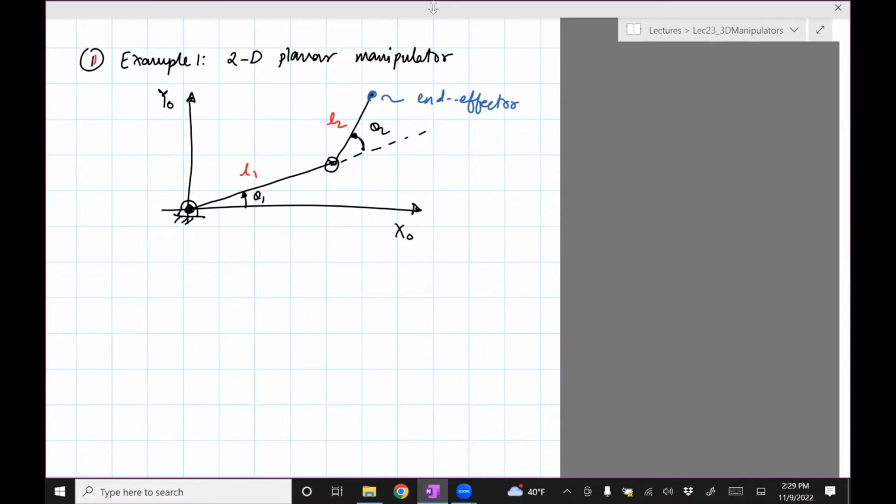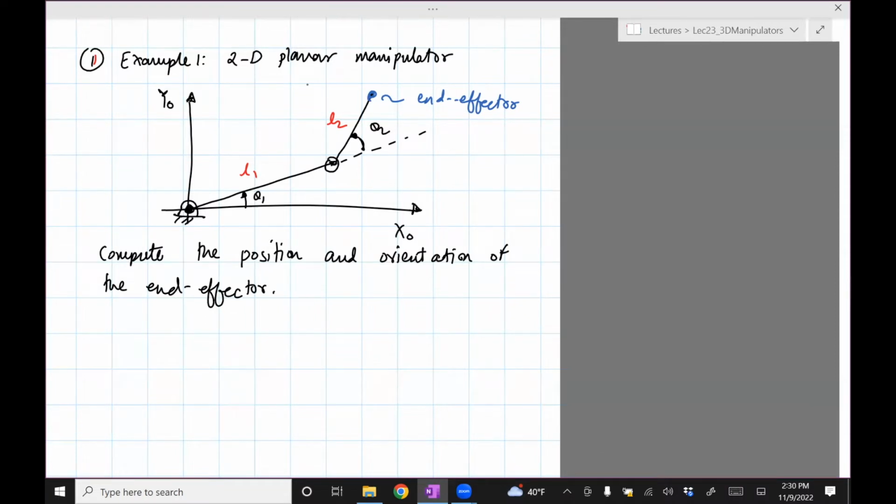Okay. And the typical problem is compute the position and orientation of the end effector.